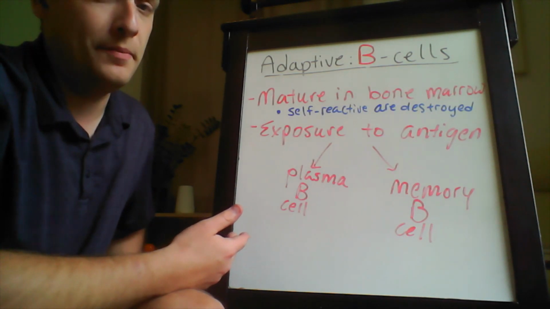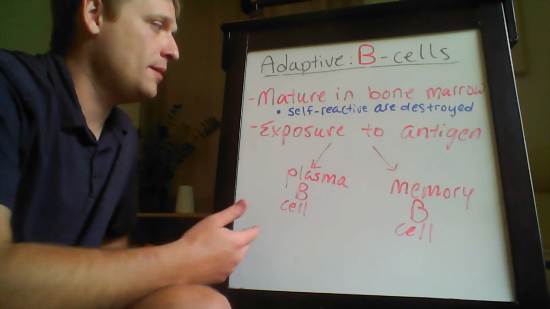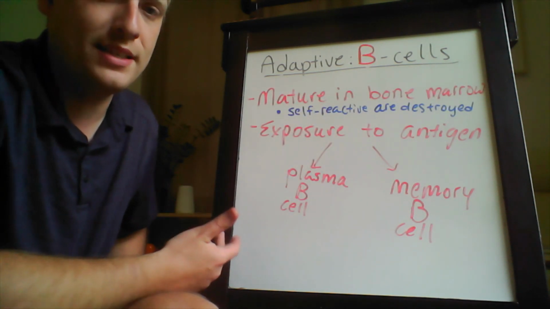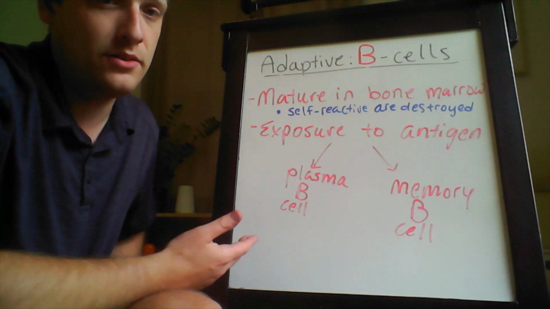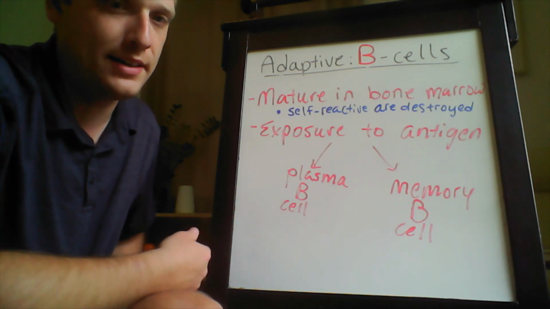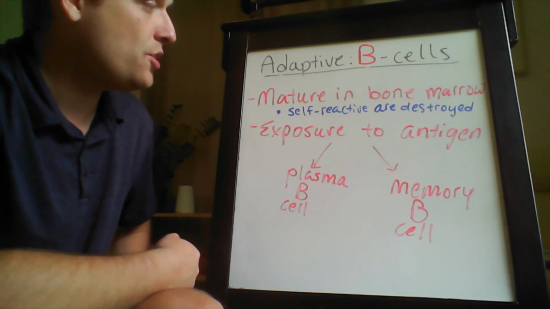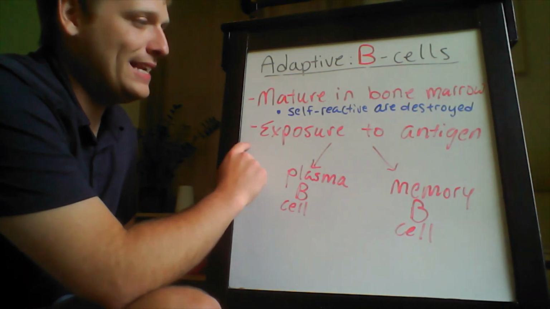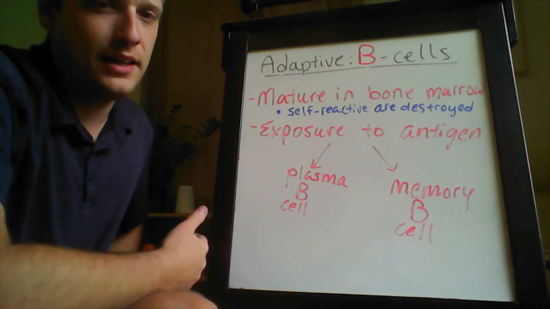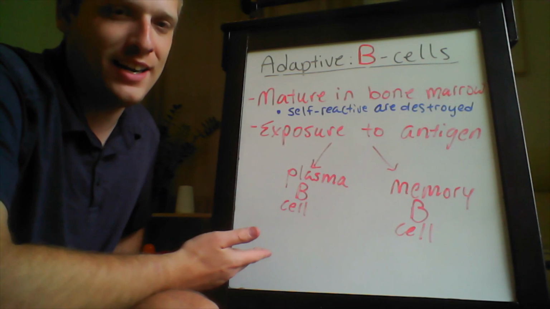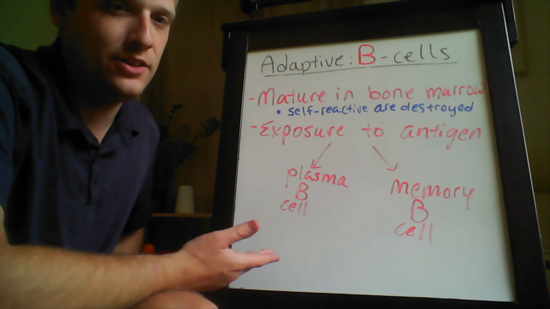And so in the bone marrow, there's a mechanism in place to destroy self-reactive B cells, or B cells that produce self-reactive antibodies. So when a naive B cell, and we say it's naive if it has not encountered its specific antigen.